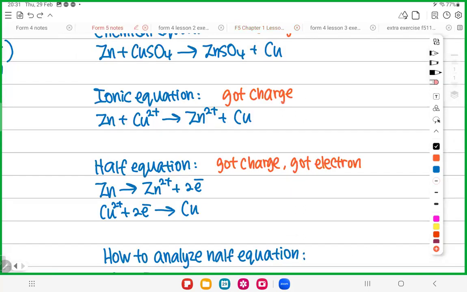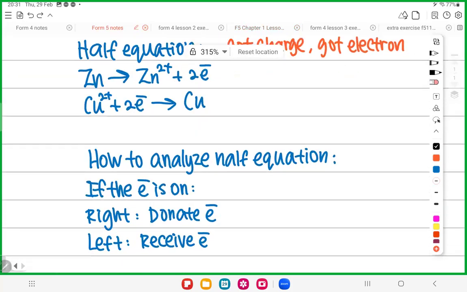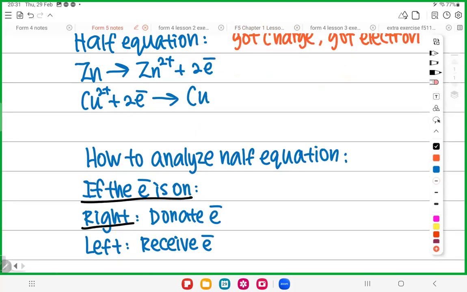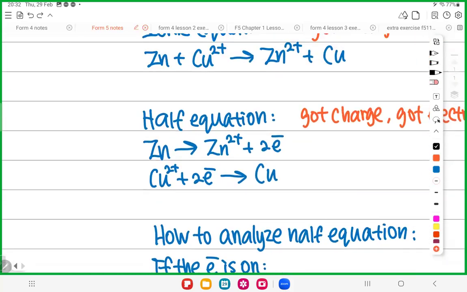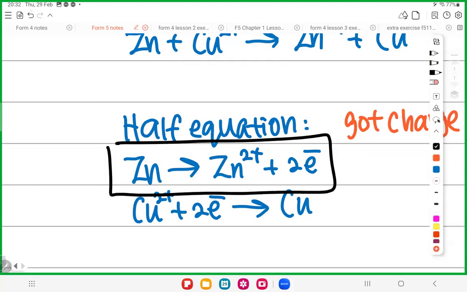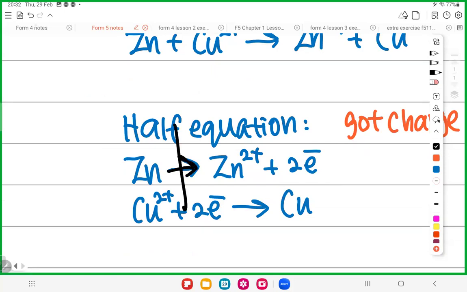If the electron is on the right hand side, it means you are donating electrons. If you see the electron on the left hand side of the half equation, you are receiving electrons. Look at this equation. How do you know if you are left or right? Look at the arrow here. This is the arrow. So you are on the right hand side of the arrow.